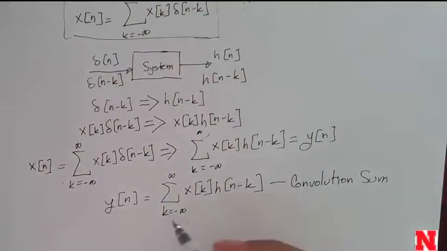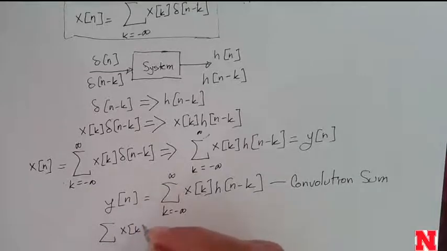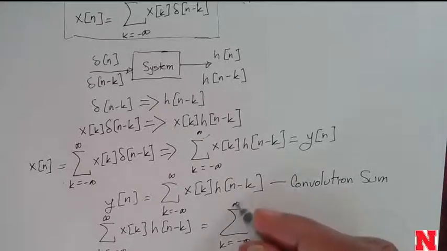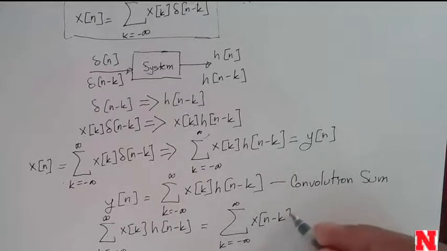I'll also show you in the notes, you'll be able to see that this summation here can also be written in this way. I can take x of k, h of n minus k, k going from minus infinity to infinity, and I can also write that as summation k going from minus infinity to infinity of x of n minus k h of k.